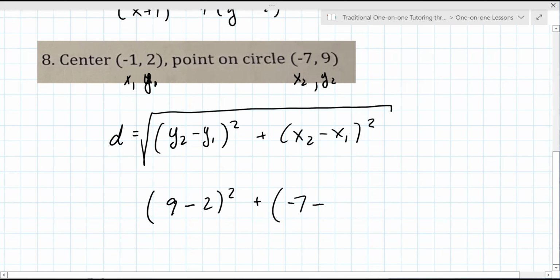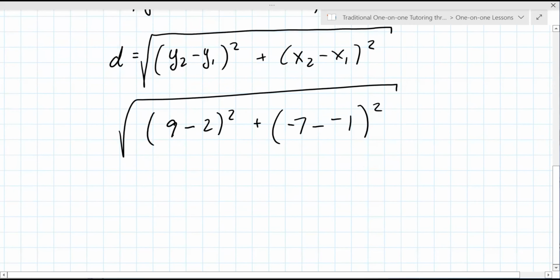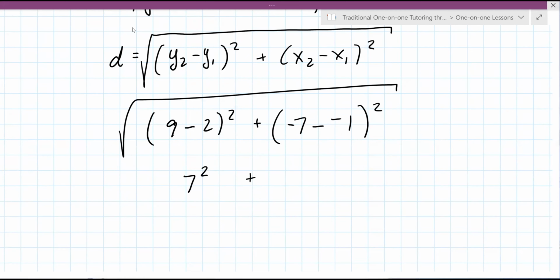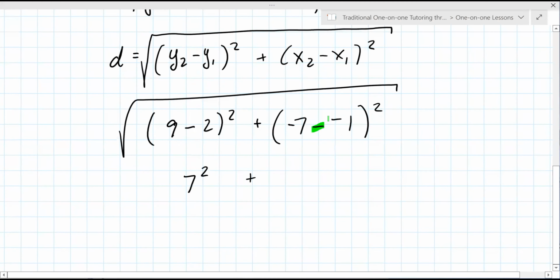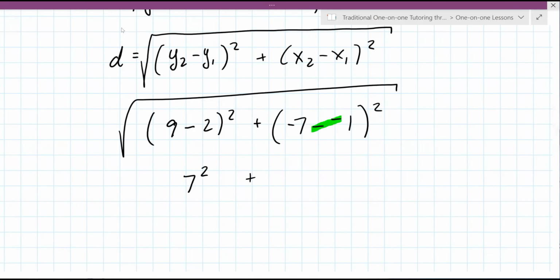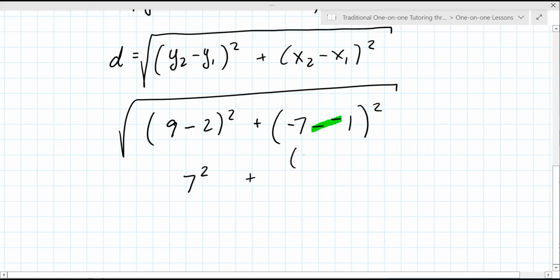Okay, minus what is x1? -1. Good. Okay, what is 9 minus 2, Sourish? 9 minus 2 is 7. 7 squared. What happens when you have a double negative? You have to replace that into a positive.